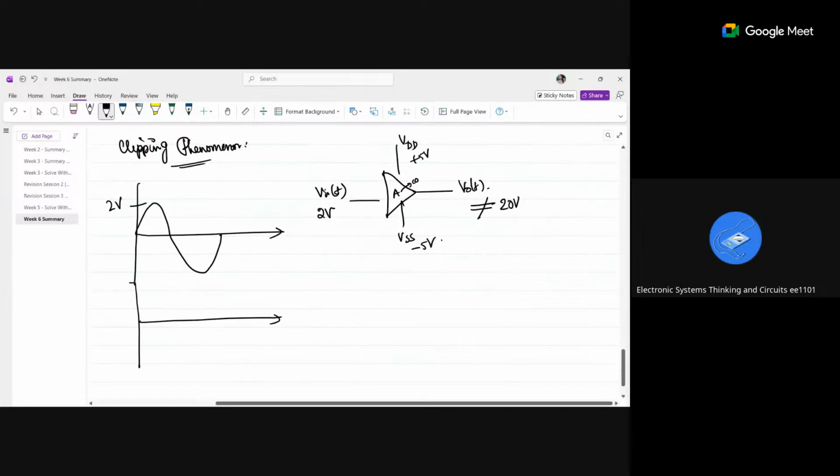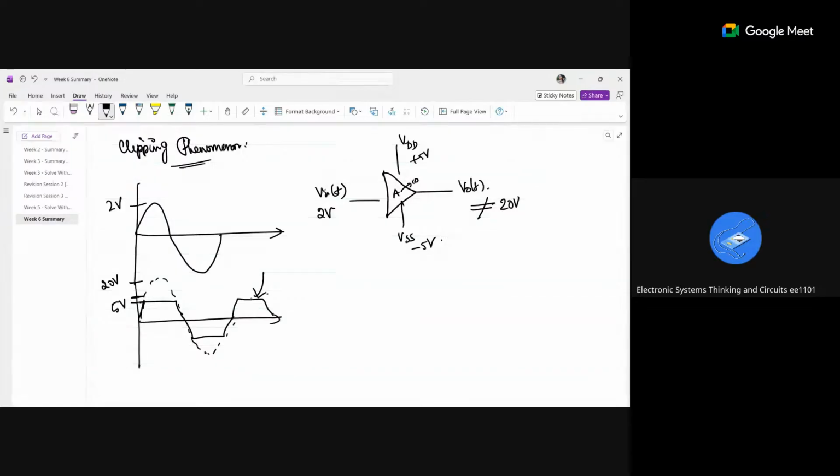What I thought I would get is 20 volts. But actually what I'm getting is some clipped signal which is less than 5 volts. So the way we are getting this clipped signal, this phenomenon we call the clipping phenomenon.